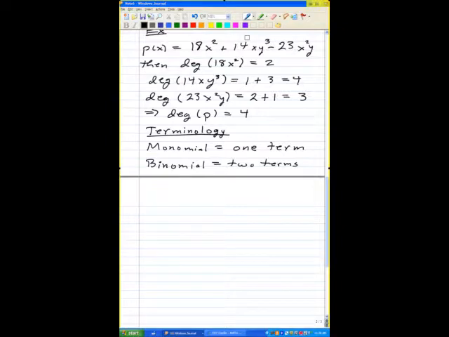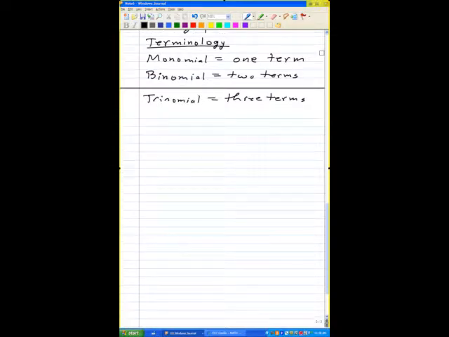A trinomial is one that consists of three terms, so 18x squared plus 14xy cubed minus 23x squared y would be a trinomial. In general, anything that has more terms we don't really give any special name.